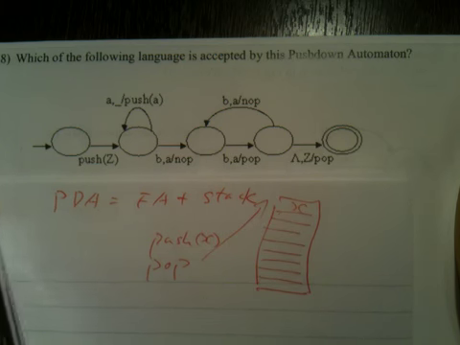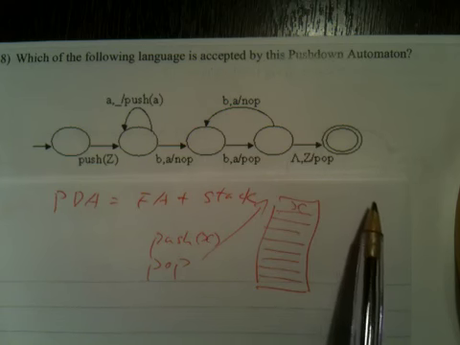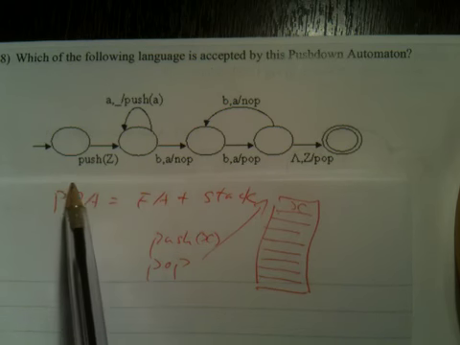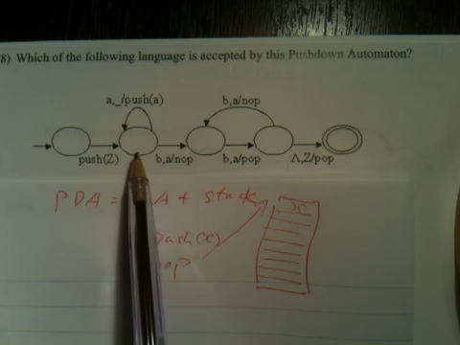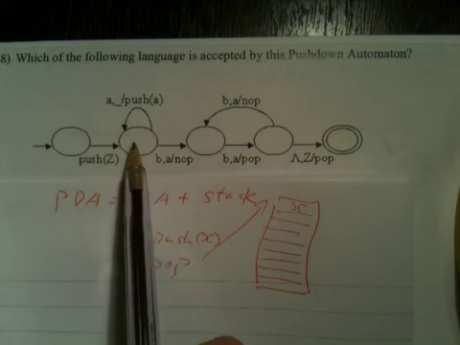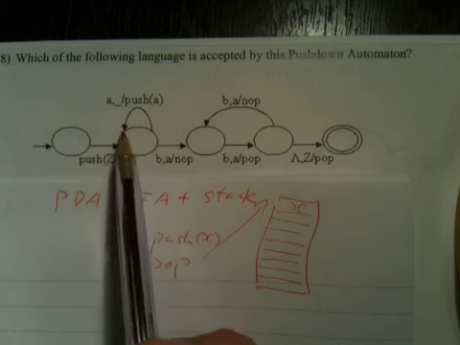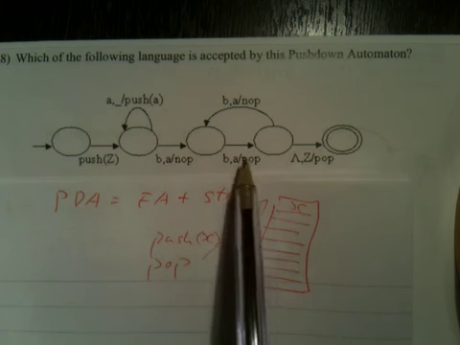Now we can go back to this particular push-down automaton. The main operation, as you can see, is here's a loop and here's another loop.